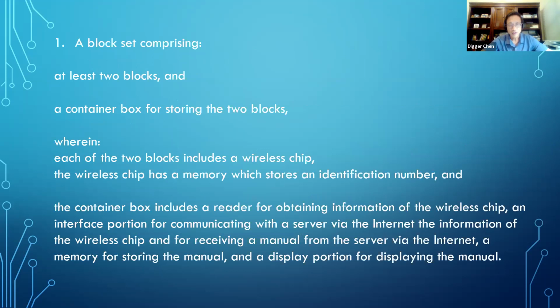Claim 1 talks about a block set, a product. If our invention were a drug, it would be a composition or chemical product, or a product or machine. So this is claim 1. A block set is a product, a machine or apparatus.